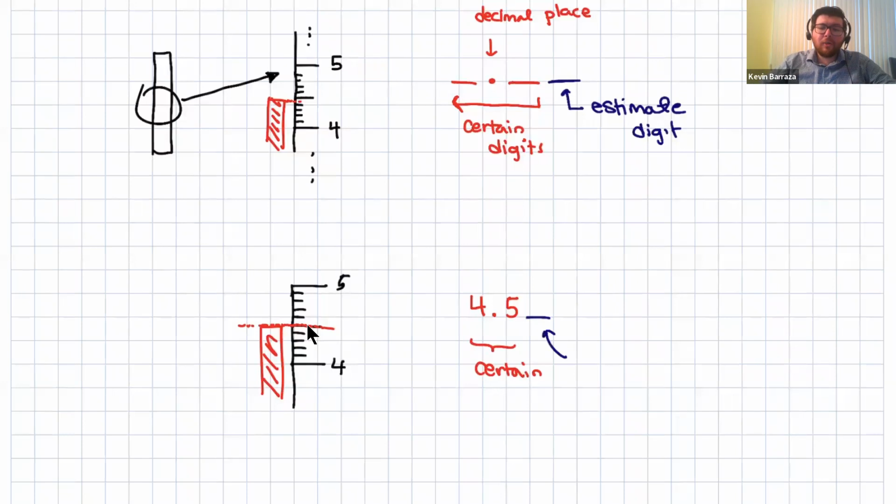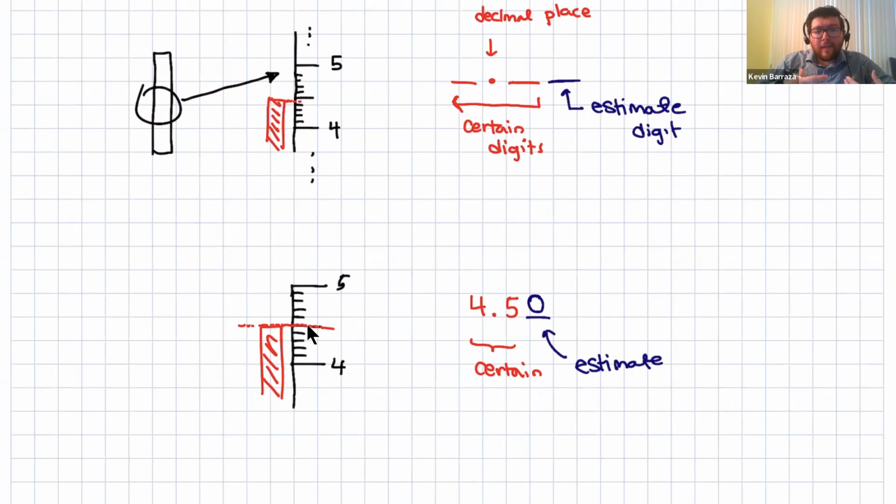We must go one more place. Why? Because that's how confident we are in the number. We can go to 2 decimal places. So what happens if we're on the line? Well, what should I write there? It's going to be a 0. So that's what happens when we're on the line.